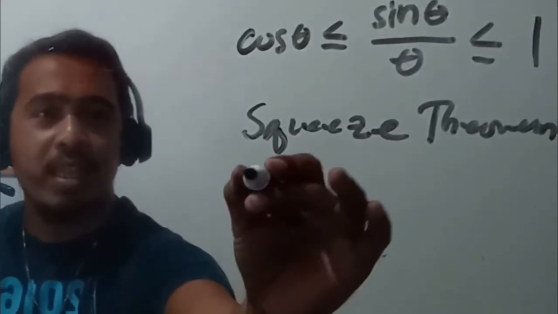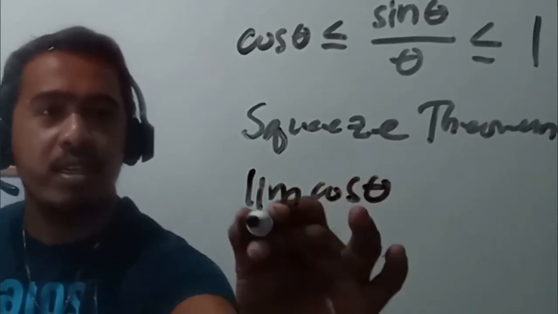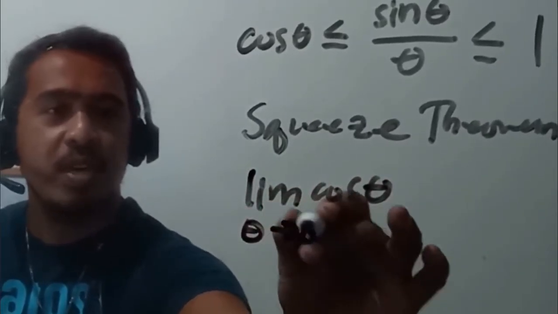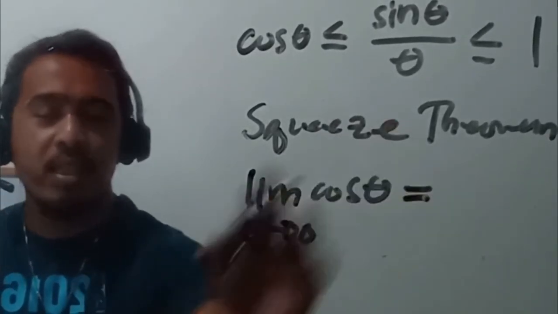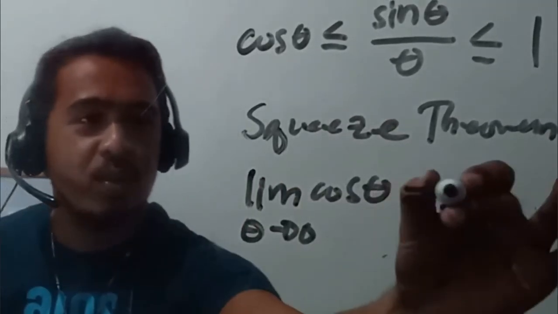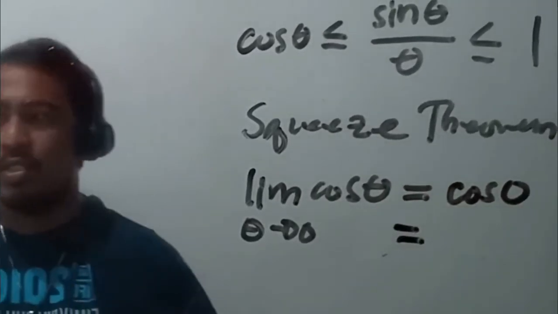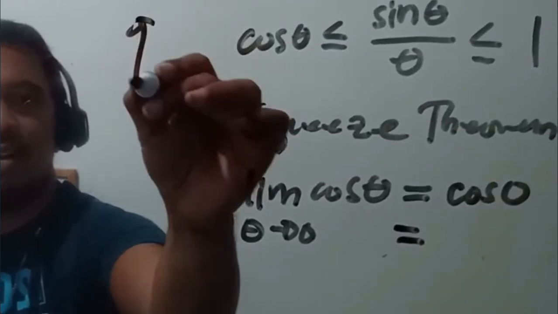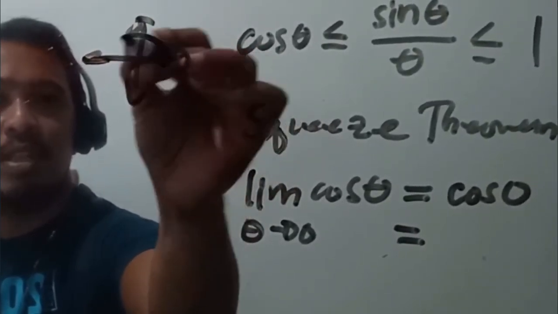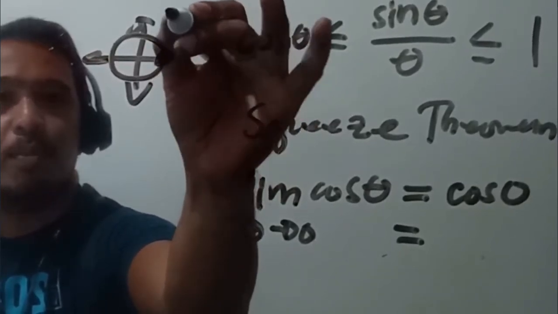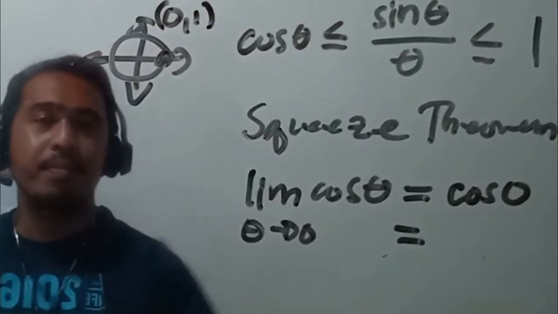So let us get the limit of cosine of theta as theta approaches 0. And we all know that we can substitute that 0 into cosine, so you have cosine of 0. And we know that the cosine of 0 in our trigonometry, if this is 0, it is a quadrantal angle, and this is the point 0, 1, right?